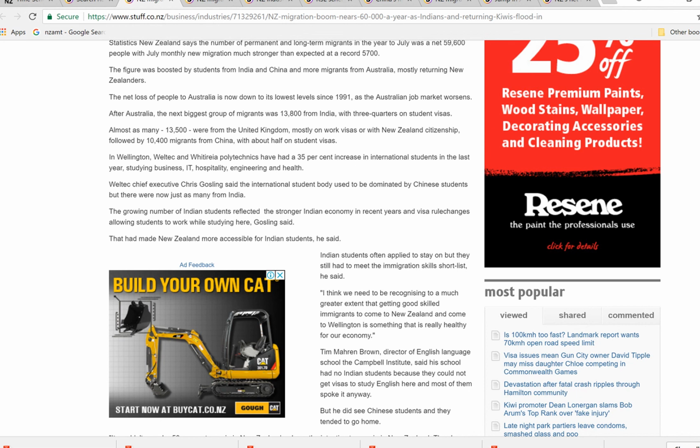Though of course the data we're looking at is people here to work. It says almost as many were from the United Kingdom, mostly on work visas or with New Zealand citizenship, followed by 10,400 from China, with about half on student visas.